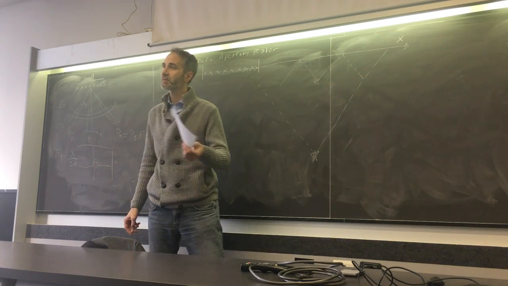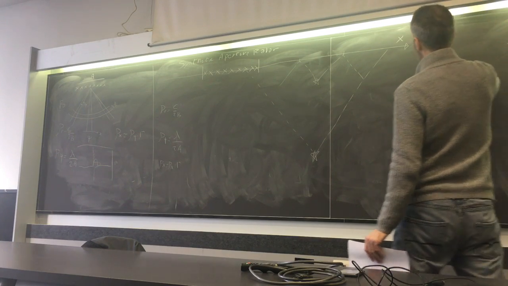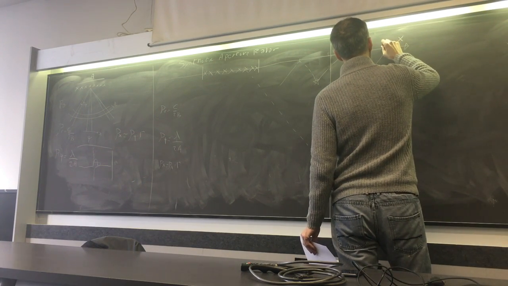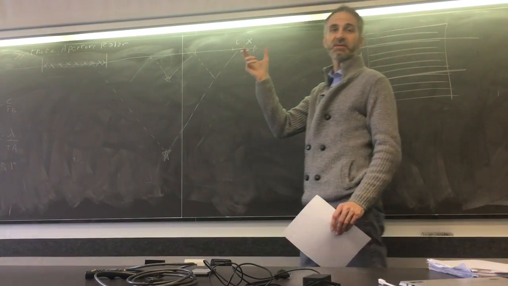So assume that you are flying an antenna whose physical length is L. This is the physical length of your antenna.